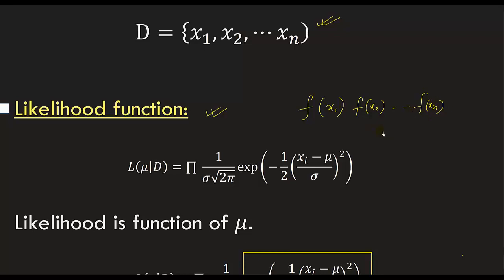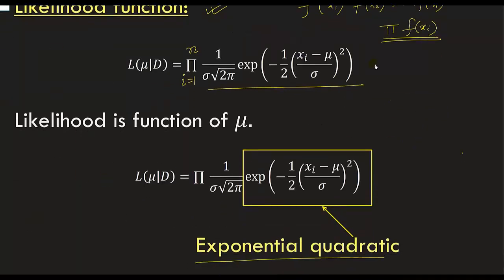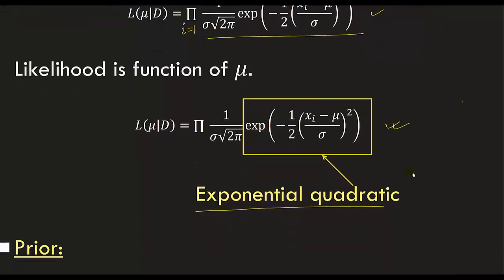So basically I can write the product of f(xi), where f(xi) is a normal distribution, and i goes from 1 to n. The same function can also be written here, with the other parameters the same.